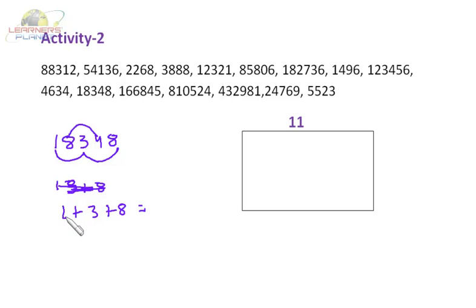So it is 1 plus 3, 4, 4 plus 8, 12. Now remaining numbers 8 plus 4, which is also 12. Now the difference between these two is 0. That means this number is multiple of 11, or we can say this number is divisible by 11. So I just write it over here.